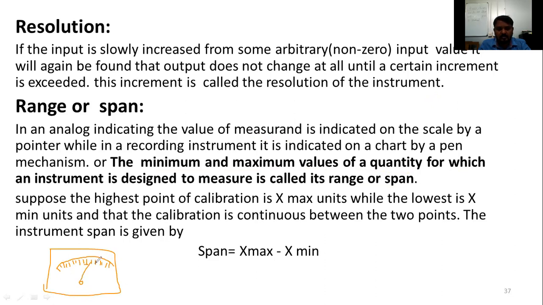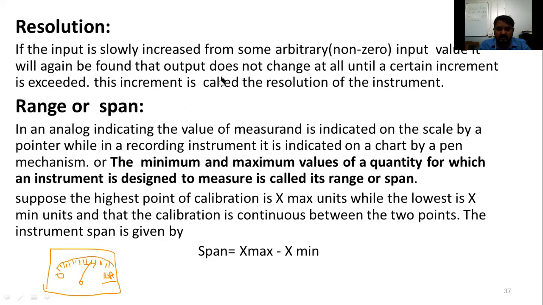This is the pointer, 0 and 10 ampere. An ammeter is like that. Whatever the pointer deflects to, we identify that point. What is the range of this meter now? The range is 10 ampere, because 10 minus 0 is 10 ampere only.